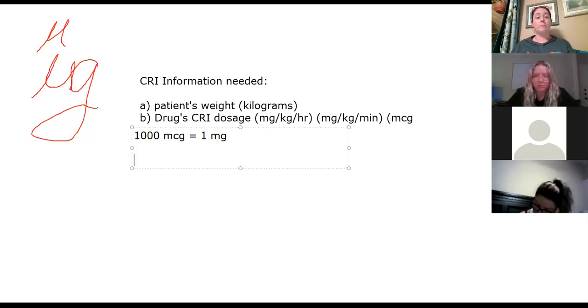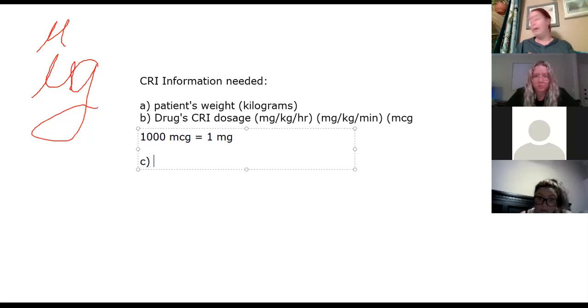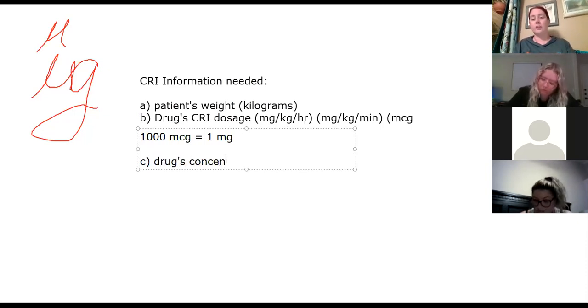So my biggest worry is usually just making sure that all my units match, so that way I can do the math later on. So C is going to be the drug's concentration. And drug concentration is going to be in either mgs per mil or micrograms per mil.